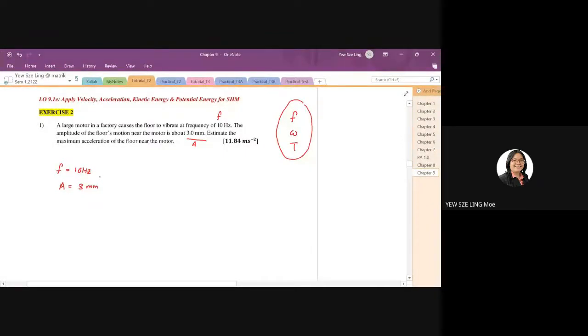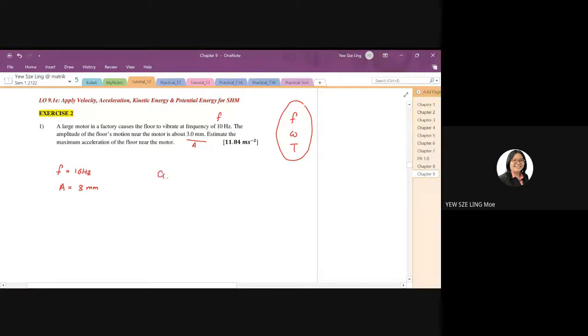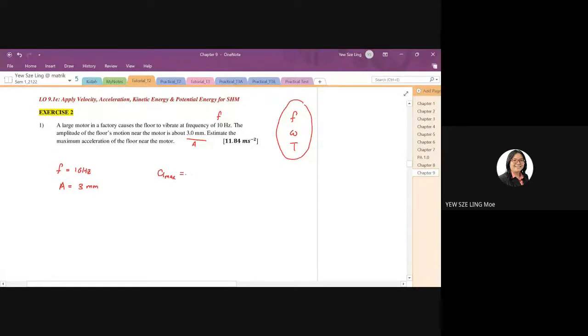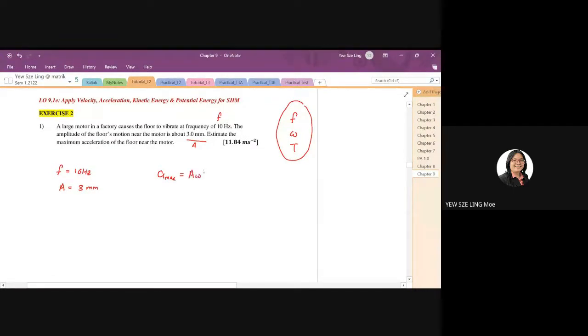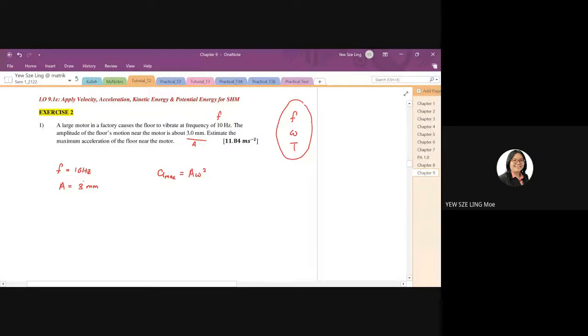The question asks you to determine the value of maximum acceleration. So from the summary table that we constructed on Monday, we have a maximum is equal to A omega squared.